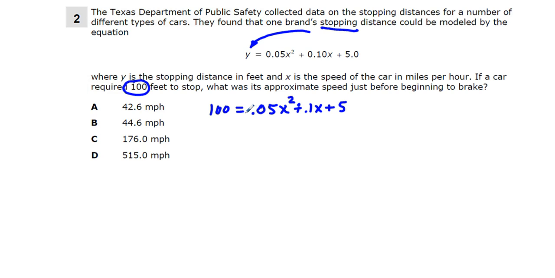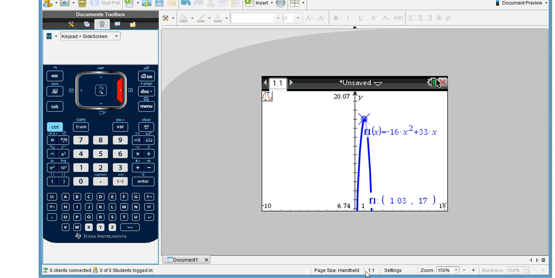There are quite a number of ways you could do this. The way I'm going to do this, similar to what we've done before, is go to the graphing calculator again and put in this equation.